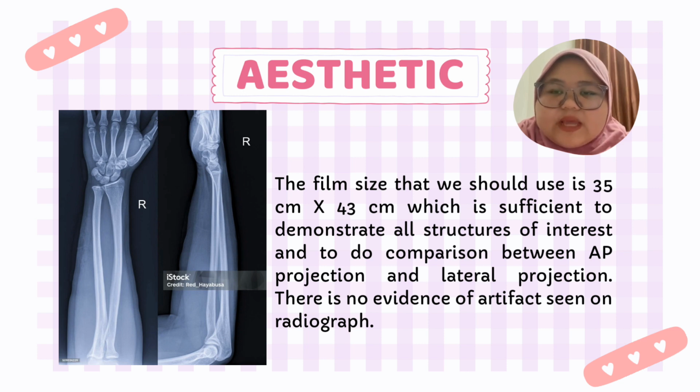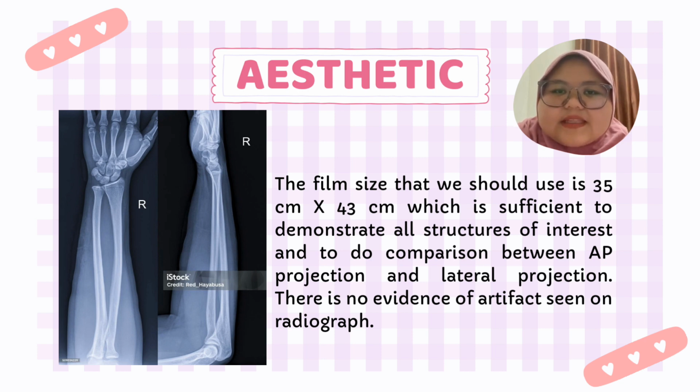Now we move to aesthetic. The film size that we should use is 35 cm by 43 cm, which is sufficient to demonstrate all structures of interest, and it is sufficient to do comparison between AP projection and lateral projection.